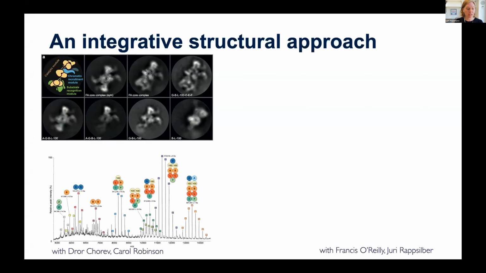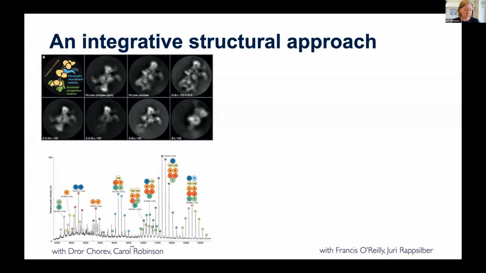We also used native mass spectrometry in collaboration with Carol Robinson and George Cherov in Oxford to determine the subunit stoichiometry and arrangement. So here, the largest complex that we detected is just over 800 kilodaltons. And this contains 7 of the 8 different subunits of the FA core complex, including 2 copies of the BLN100 subunits and a single copy of the remaining subunits.